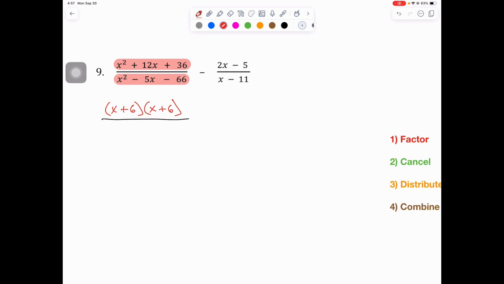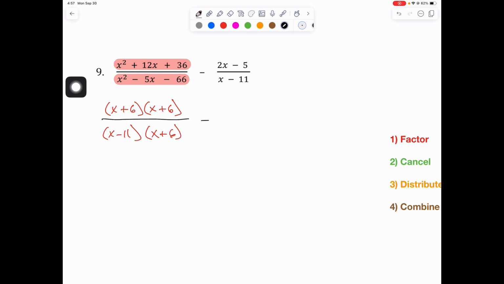I'm not going to go through them all, but I will just get straight to the point and go with negative 11. So x minus 11, and then we have x plus 6. Because negative 11 times 6 gives us negative 66, and negative 11 plus 6 gives us negative 5.